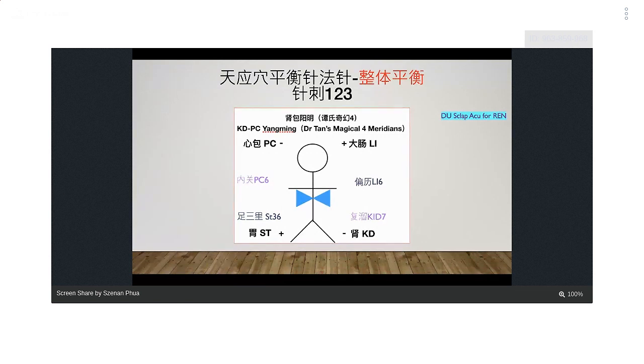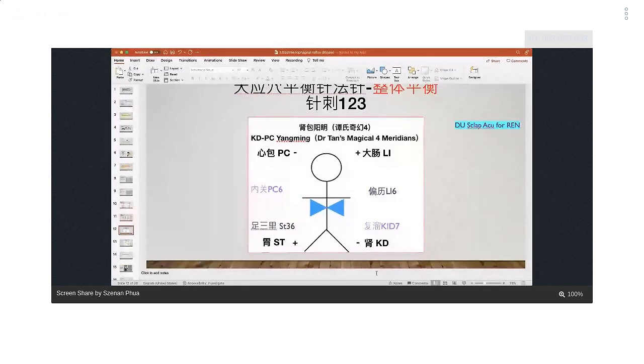And again, you can swap left side to right side. What I mean is PC6 swap it with large intestine 6. Stomach 36 swap side with kidney 7.